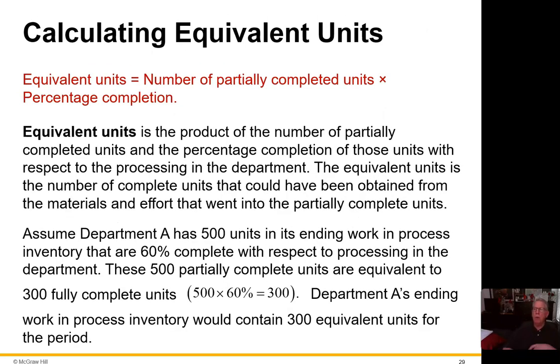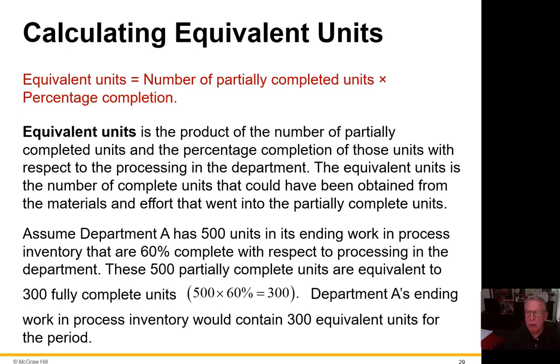So equivalent units are the number of partially completed units times the percentage completion. In my little example, that was 2 half-filled glasses of water times 50%, which gives you 1 equivalent unit. So the equivalent unit is the product of the number of partially completed units and the percentage completion of those units with respect to the processing in the department.